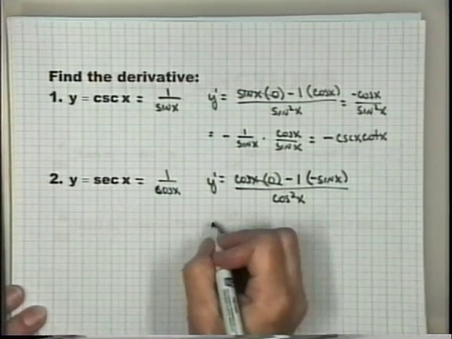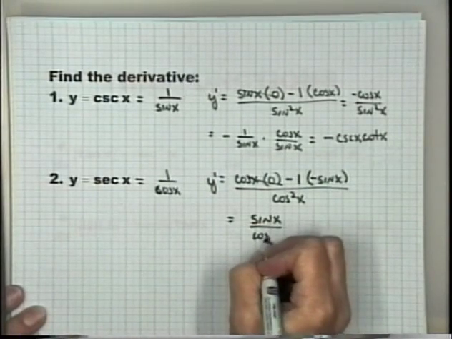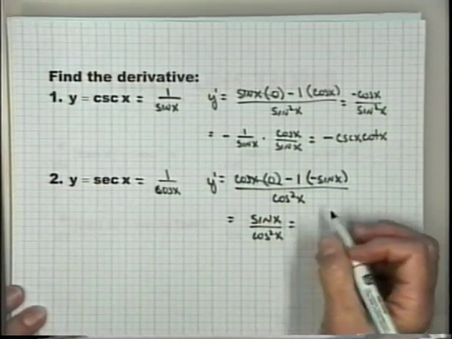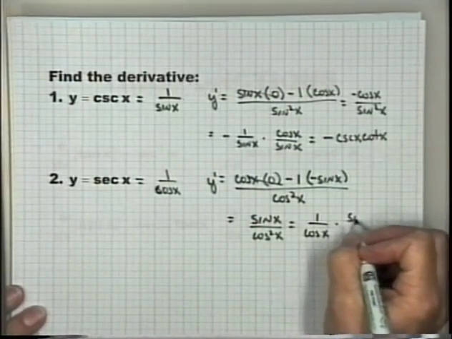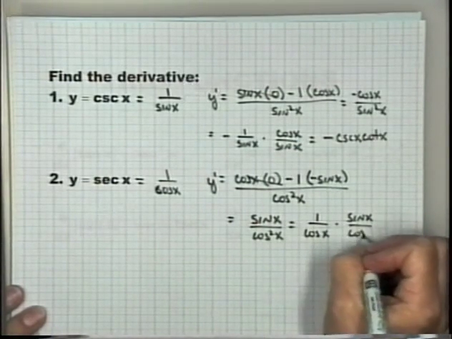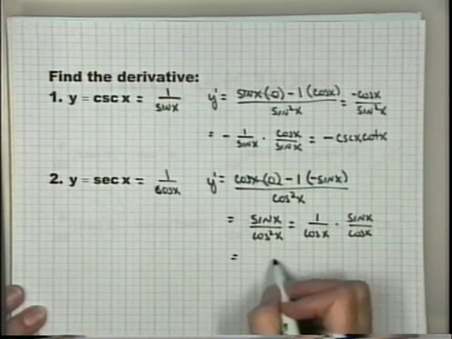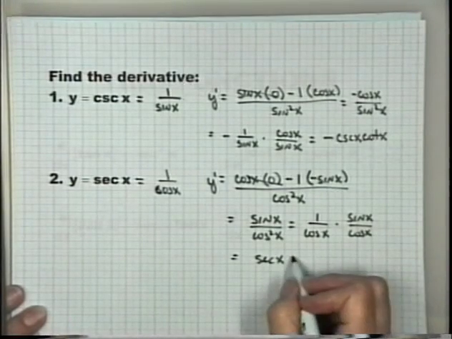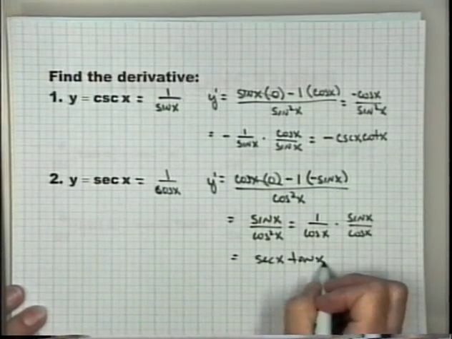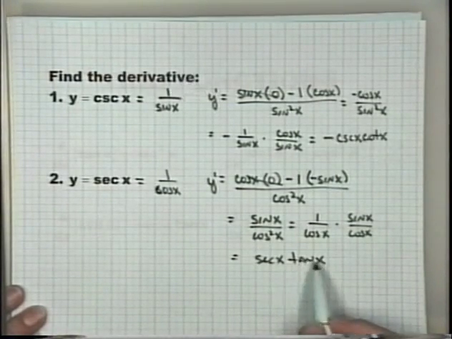A negative times a negative gives me positive sine x over cosine squared. I'm going to write that as 1 over cosine x times sine x over cosine x. So I have 1 over cosine is secant x, and sine over cosine is tangent x. So the derivative of secant x is secant x tangent x.